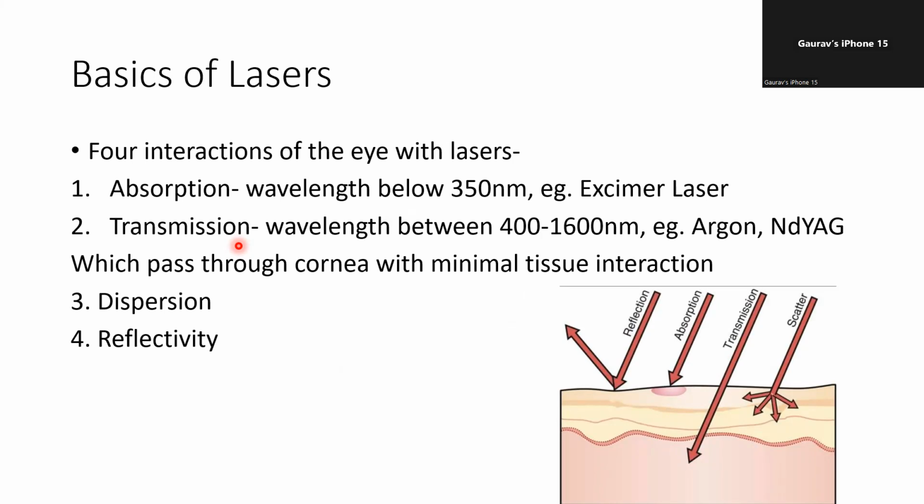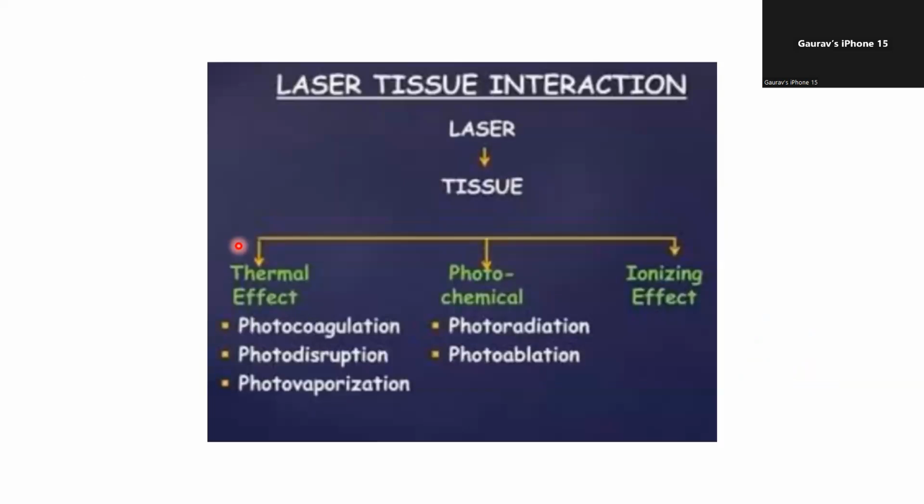Absorption of the laser rays occurs at a wavelength below 350 nanometers, which is done by the excimer laser. Transmission occurs between the wavelengths of 400 to 1600 nanometers. Examples of these lasers are argon and Nd:YAG. They pass through the cornea with minimal tissue interaction, so they can be used for PIs or PRPs or capsulotomies.